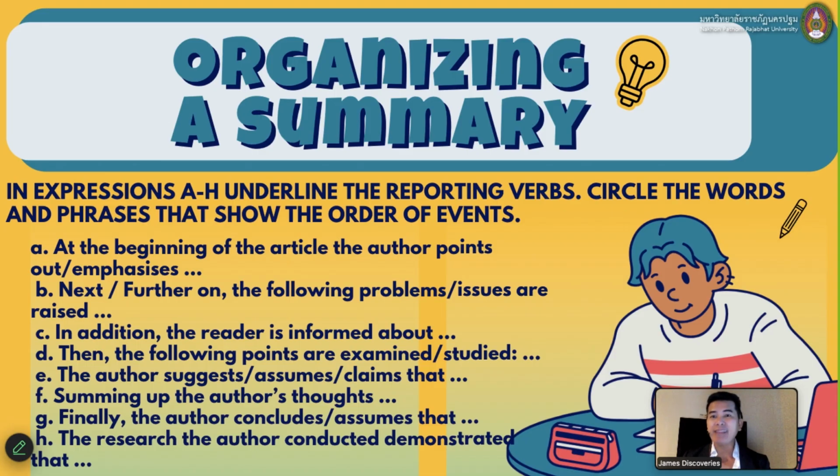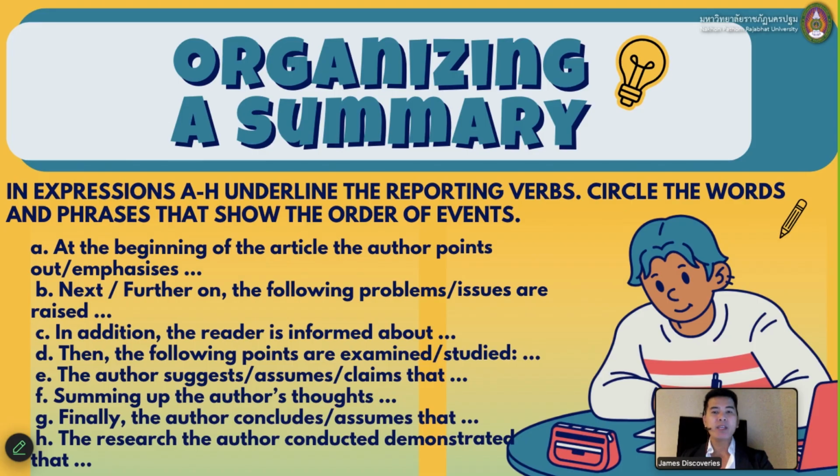Like letter A, at the beginning of the article the author points out or emphasizes blah blah blah. So that is how you will start your summary. In addition, then the author suggests something like that. You're going to do this one, so bear with these expressions, okay?